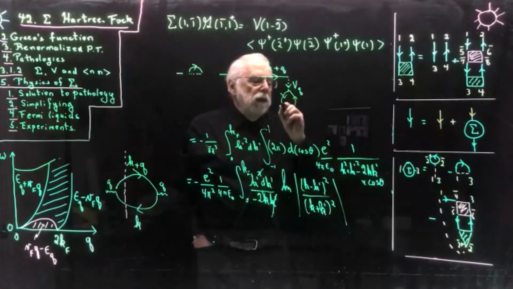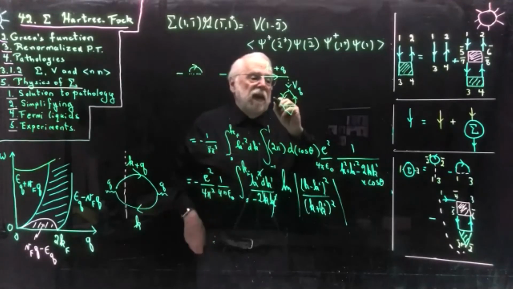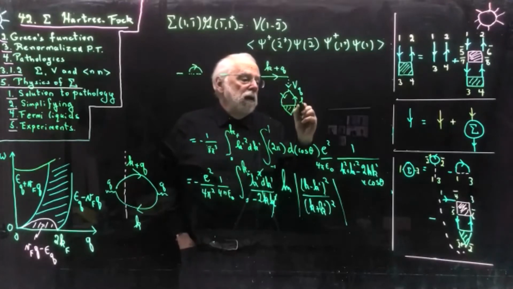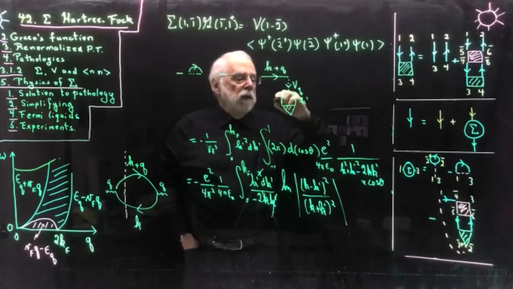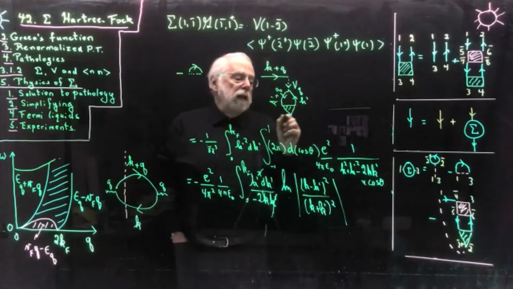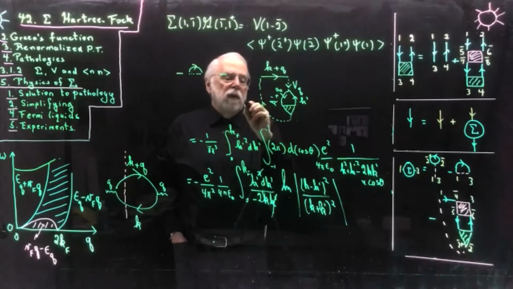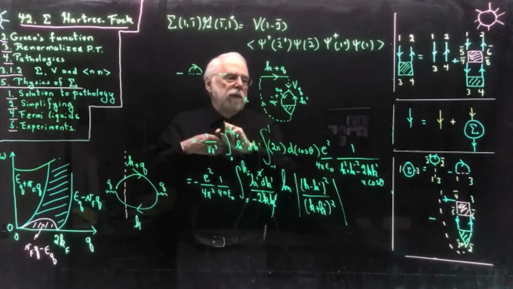And I have this K prime and K prime plus Q, and I have V of Q here.